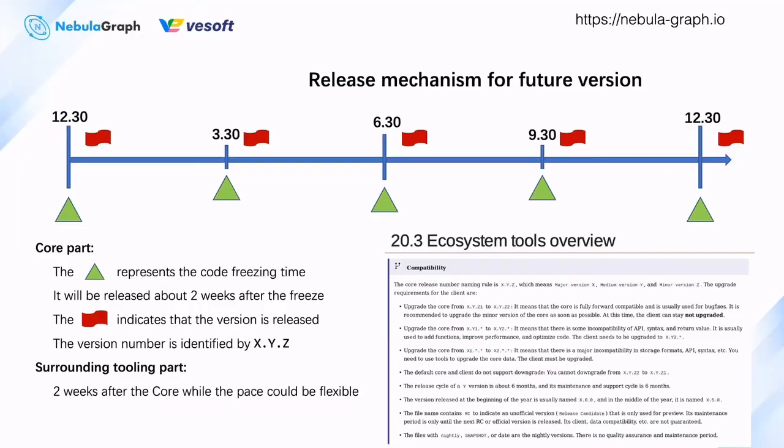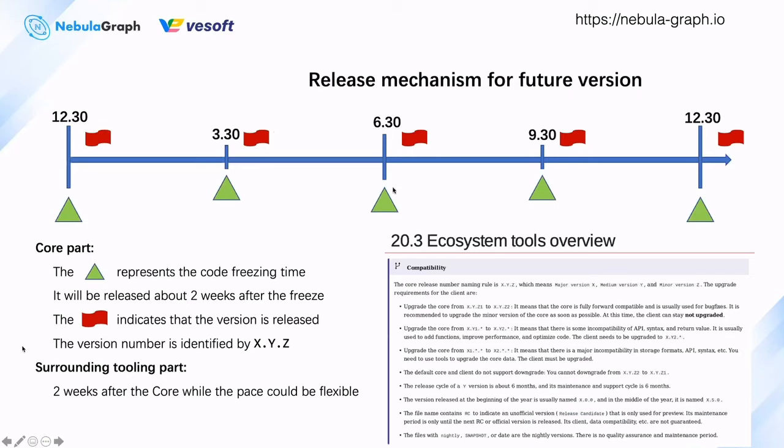And finally, we will introduce our new release policy. Basically, our cycle will be fixed at 3 months, and every 3 months we will have the code fixed, like March 30th, and 2 weeks later we will have the release. So basically, the release will be at least at the medium level.